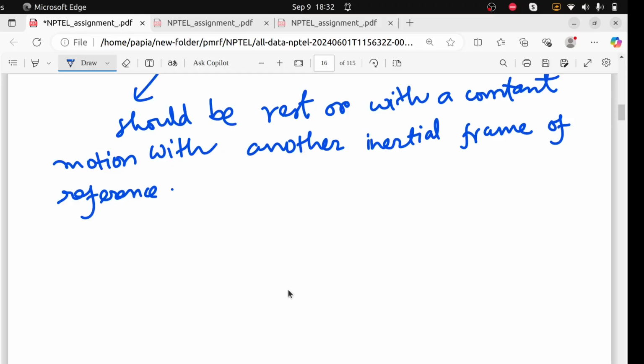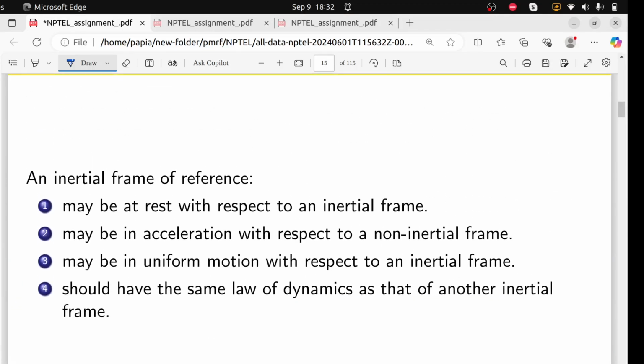So what does this mean? Maybe at rest with respect to an inertial frame, that is correct.